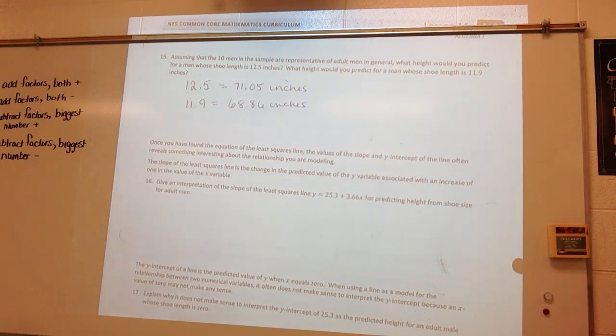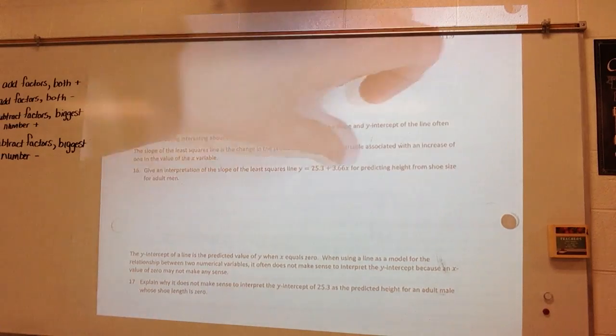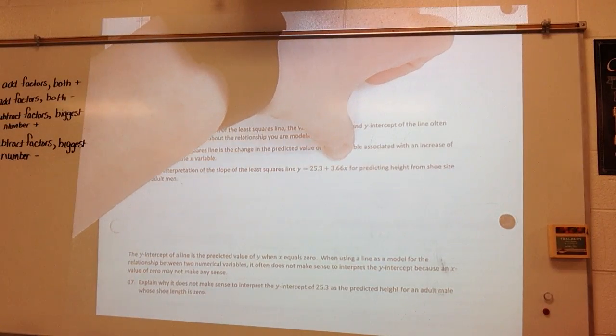Well, first of all, you need to recognize what the slope is. The slope is whatever is attached to the x. So my slope is 3 66/100.